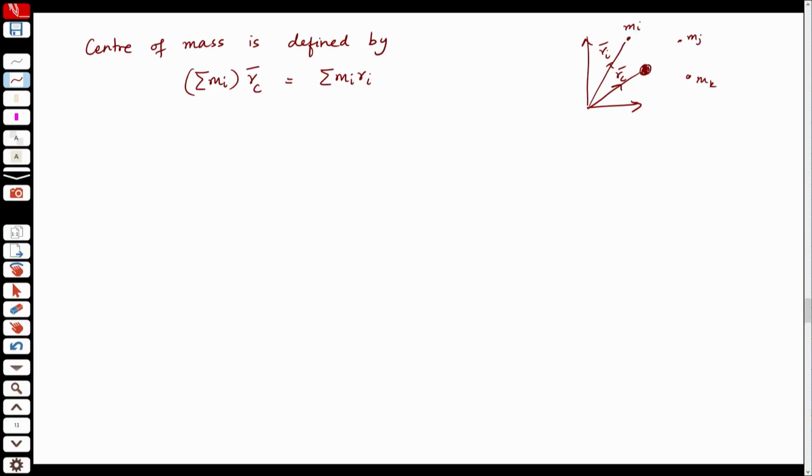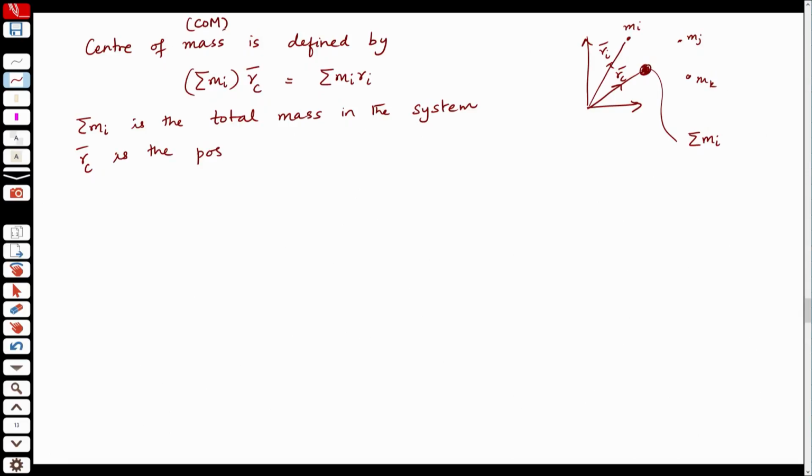So, this is the definition of the center of mass. Sigma mi is the total mass in the system. RC, the center of mass, also usually denoted as COM, is the position vector of the center of mass.